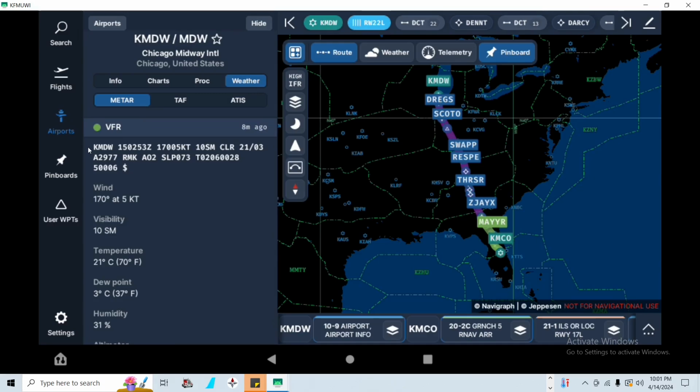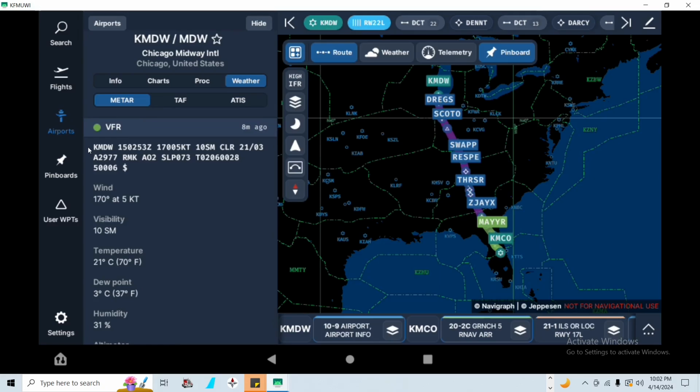Then it gives us our visibility, which is 10 statute miles. Again, CLR, clear skies. Next to that, you're going to see 21/03. Again, 21 stands for the temp, and 03 stands for the dew point.